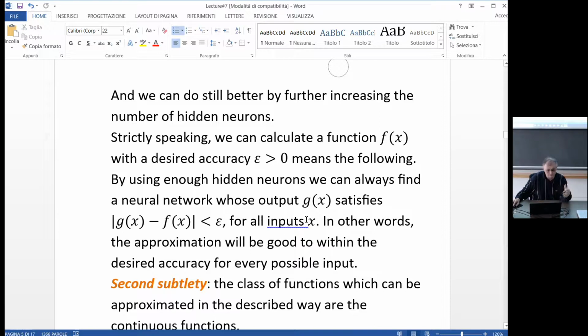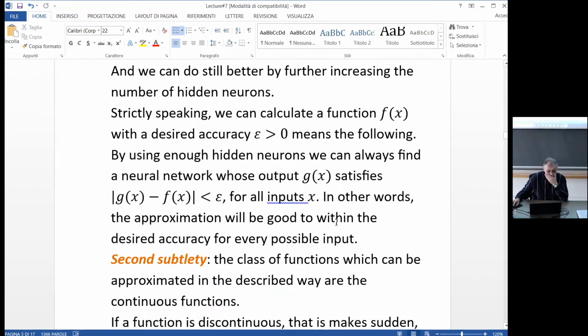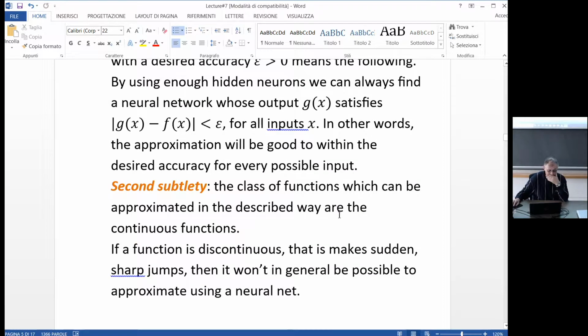So it is a uniform estimation of precision for the interval of definition of f. In other words, the approximation will be good to within the desired accuracy for every possible input.